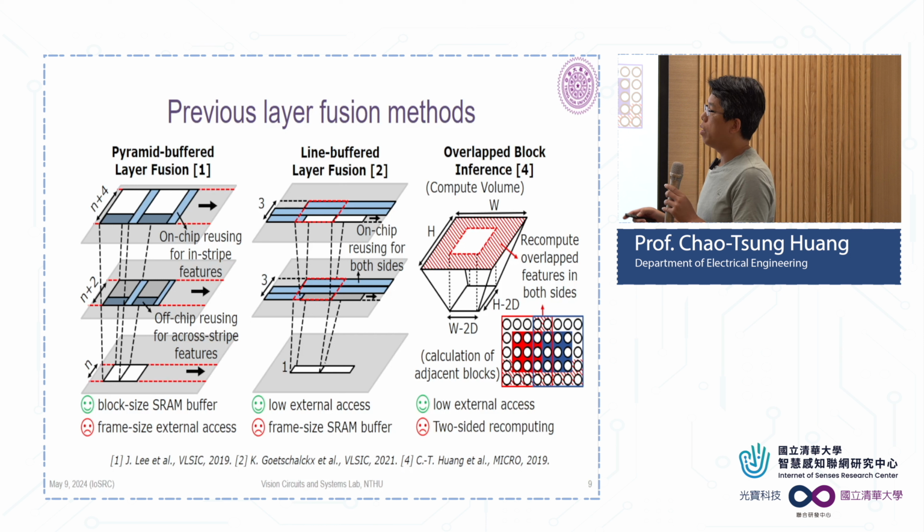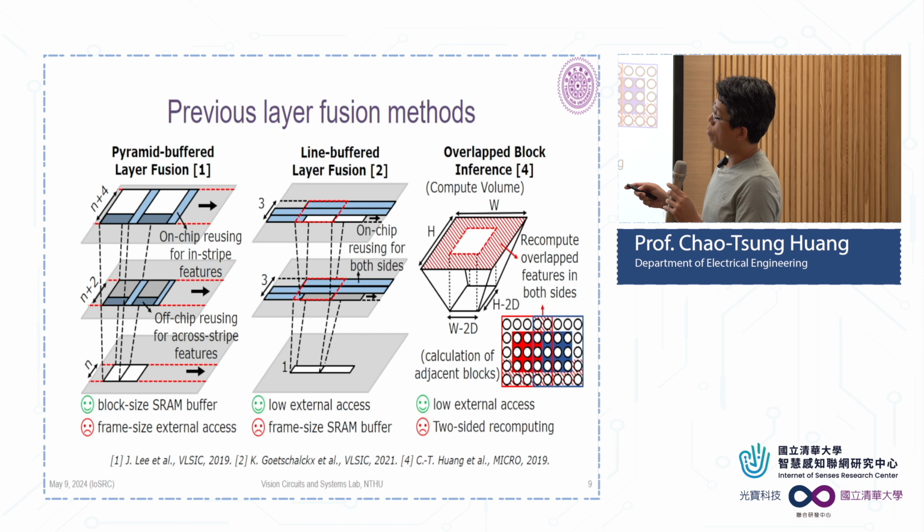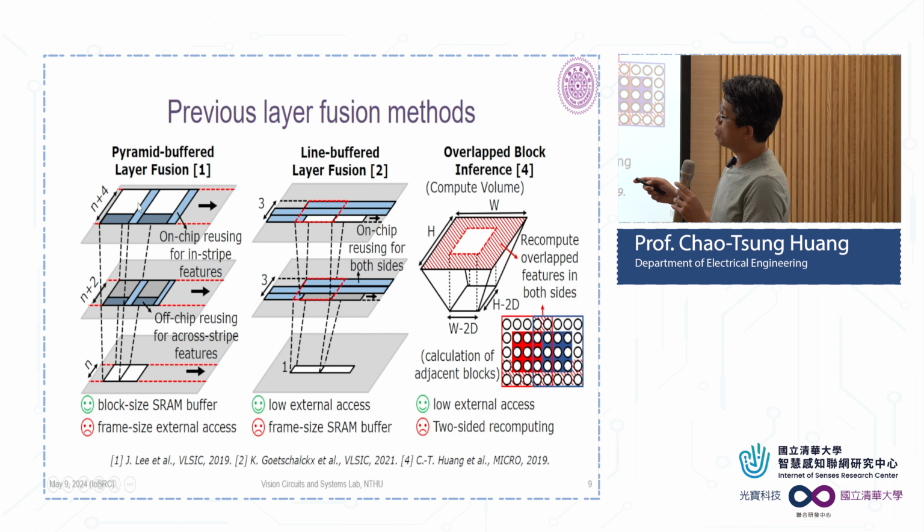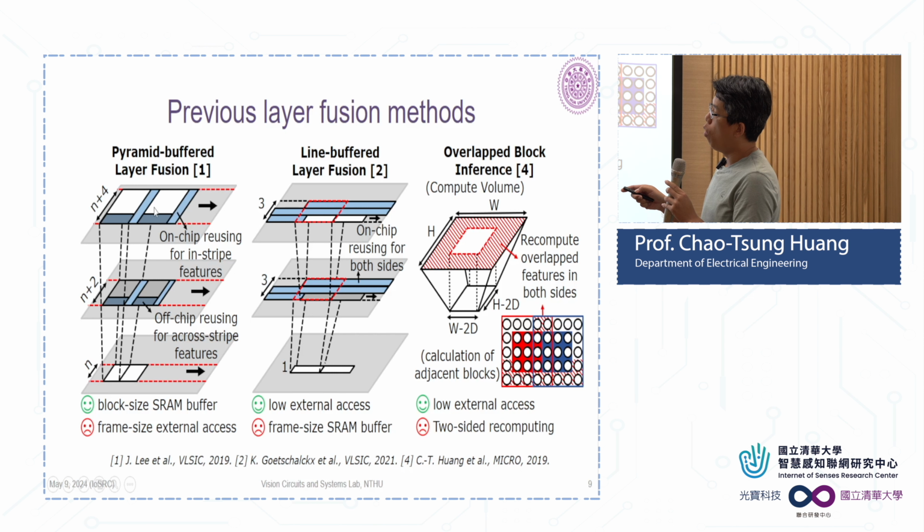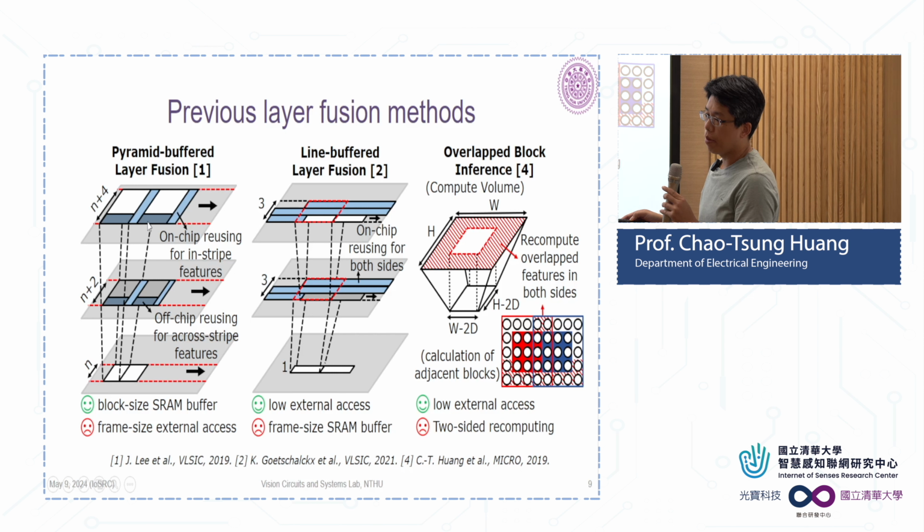It's because there are many overlap features between these blocks. So we need to figure out how to handle these overlapped features. For example, for this reference work, the authors proposed that, supposing we scan these blocks in the horizontal direction, we can reuse the overlap features in the horizontal direction, and then save the vertically overlap features to the DRAM, and then take them back when we move to the next row.